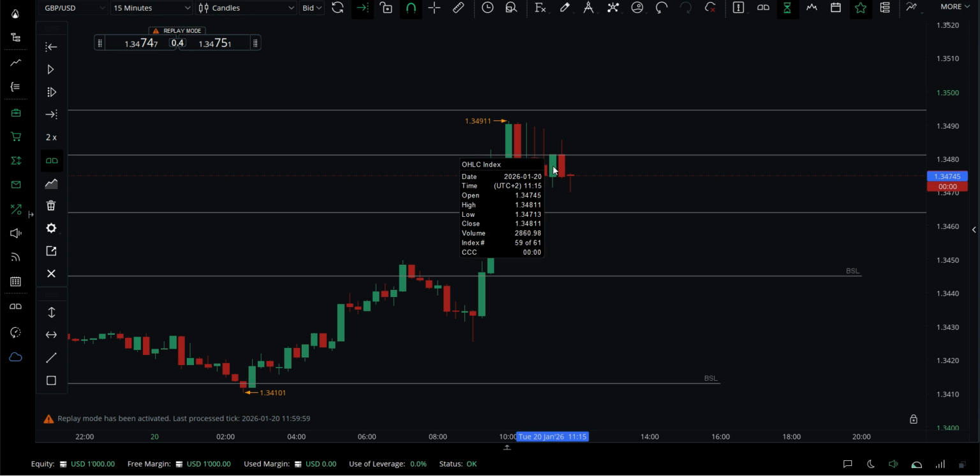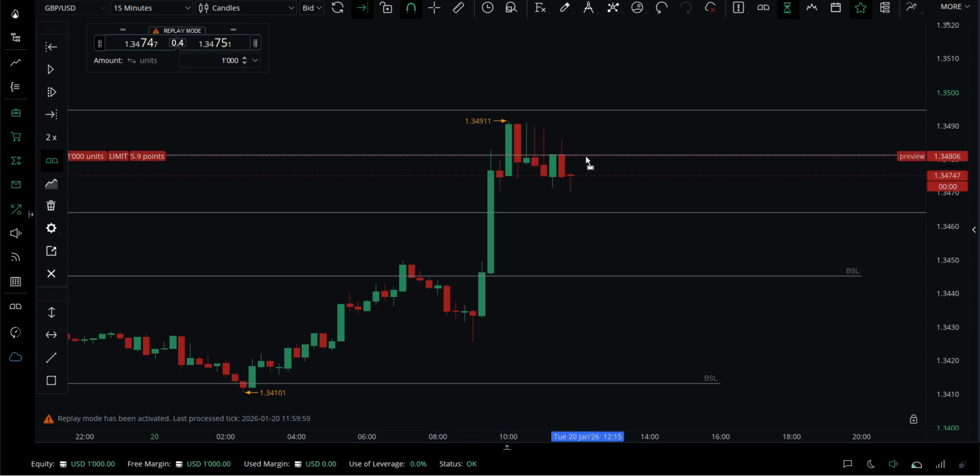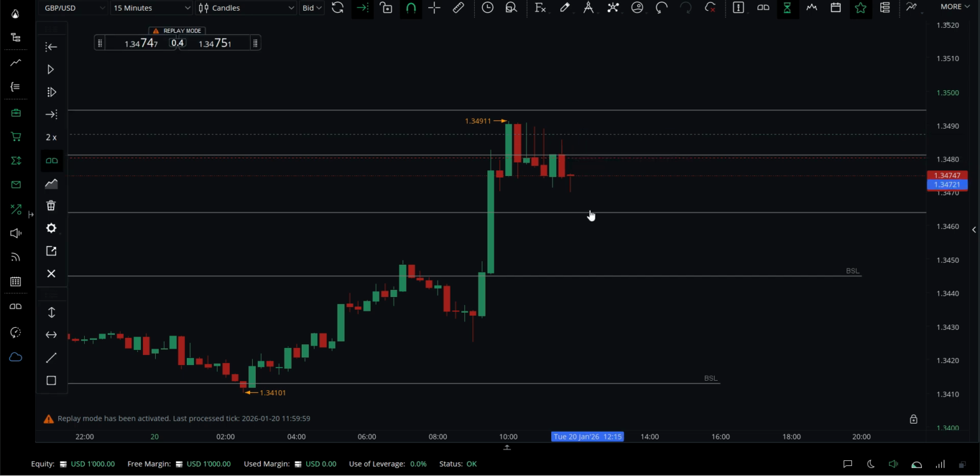This bullish candle closes at 1.34811, so we will set a limit order at 1.34810, and set our stop loss above the high of that swing point over there, which comes in at approximately 7.1 pips away.